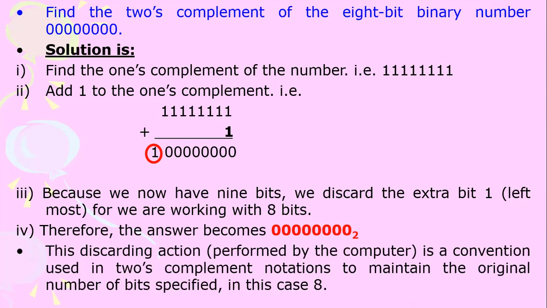So this discarding action, which is normally performed by the computer, is a convention that is used in 2's complement notations to maintain the original number of bits specified. And in this case, it is 8 bits.